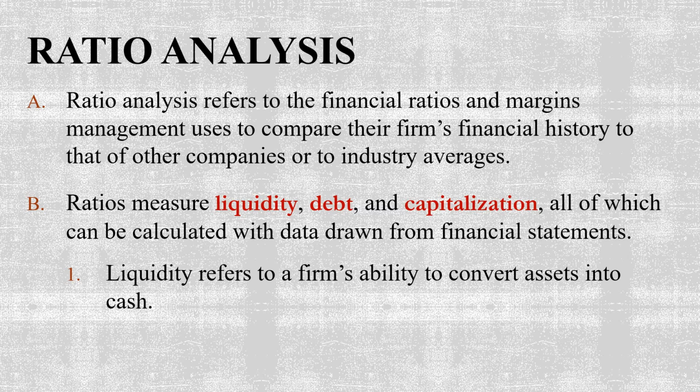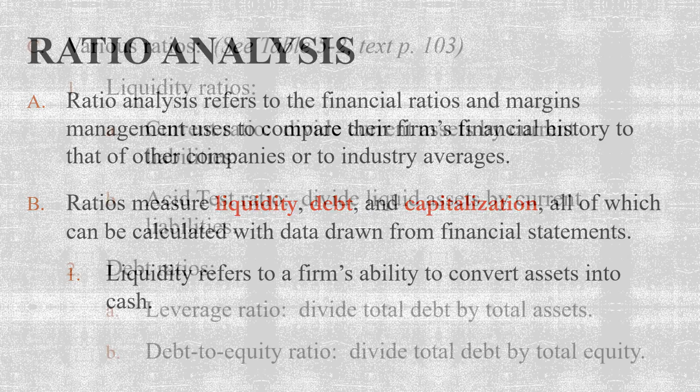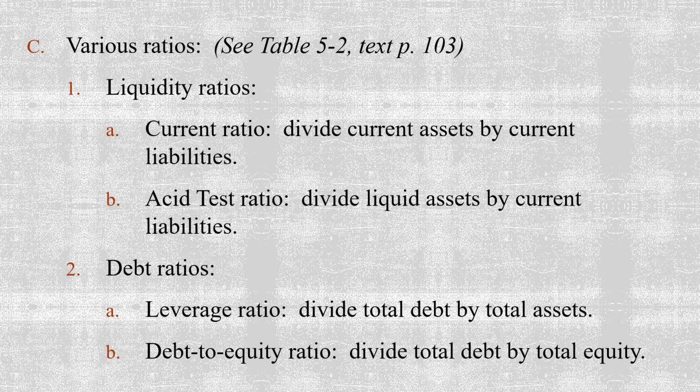But ratio analyses will use that along with debt and capitalization to help to see the basic financial health of a company in addition to some of the financial statements that we have talked about. Various ratios you can find in your textbook and how they're represented.